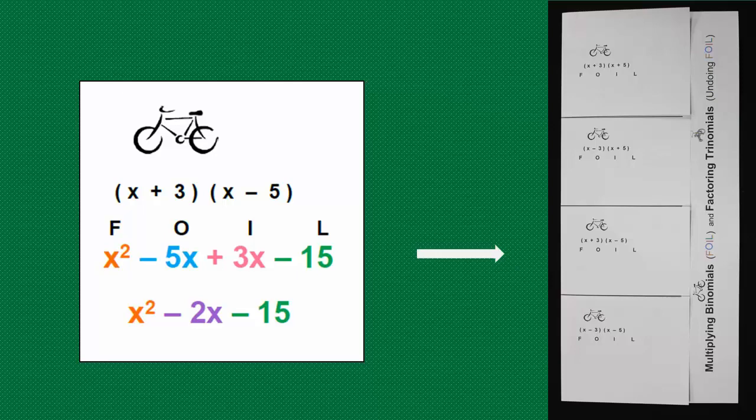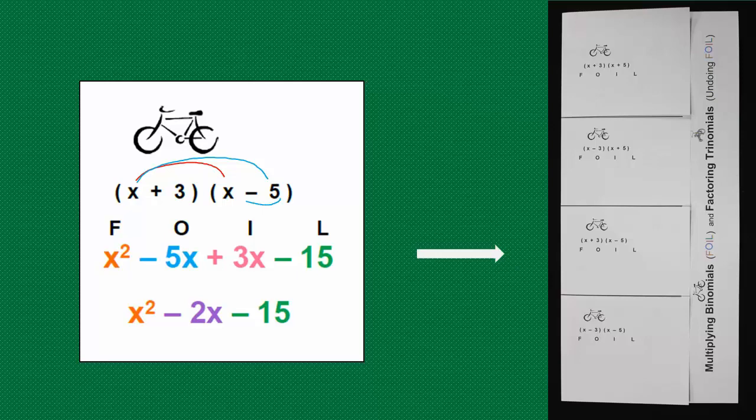In this problem, it's our second binomial that has a minus sign this time. We follow the same process. First times first is x squared. It goes under the F. Then we have x times negative 5 for our outsides.